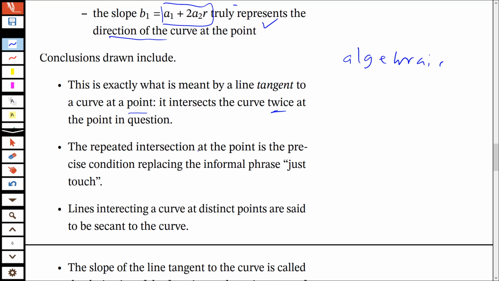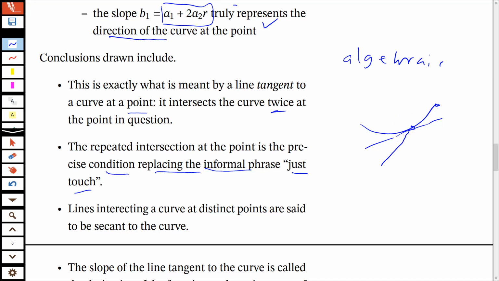Now, the repeated intersection is actually the condition which is usually described as a line that just touches it. When you say a line just touches it, it can be informally described by figures, but the precise argument is that any other line will have two intersections, one of which must be here.